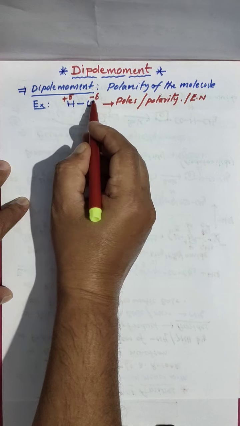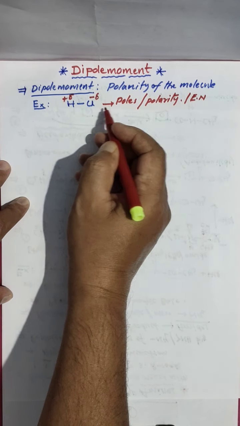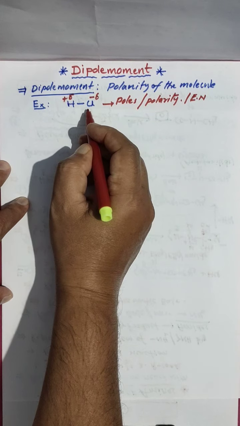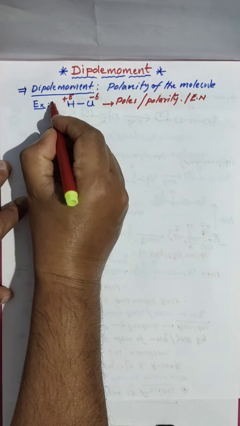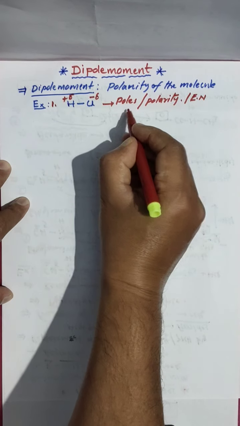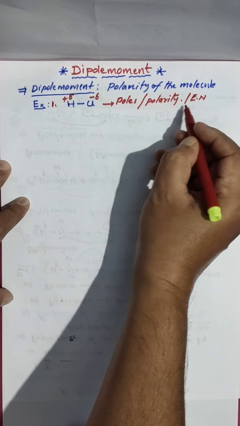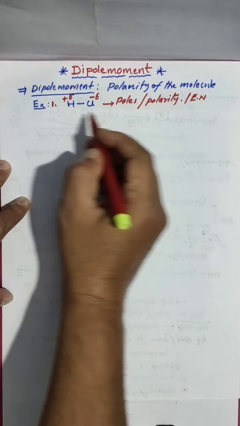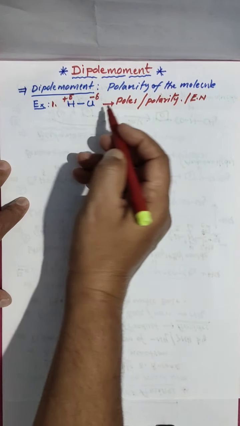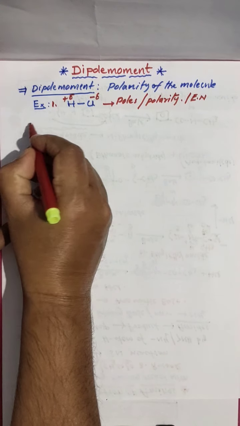This is not positive and negative. If it is positive and negative, we call it an ionic compound, but this is covalent. Clear? These are temporary positive and negative poles, and the poles show polarity. Polarity is due to electronegativity difference. This polarity measurement is the dipole moment.